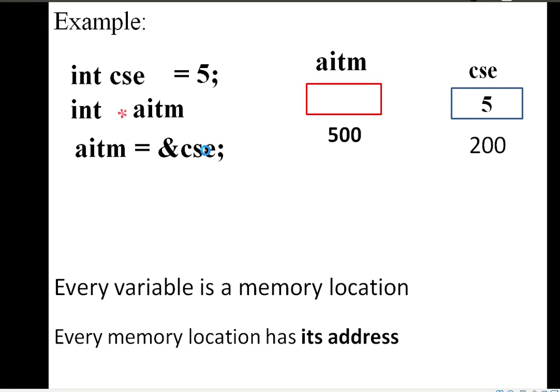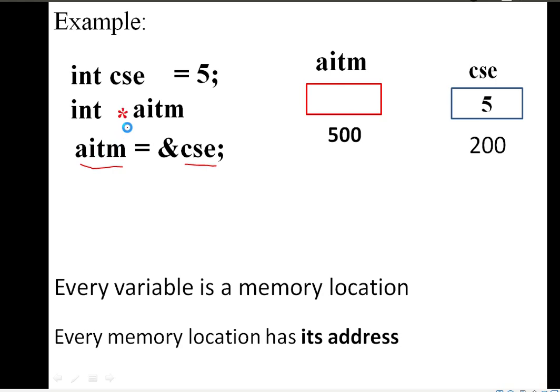Now the next statement I have written here: AITM is a pointer variable. How do you identify it is a pointer? Because we are using star, or asterisk, isn't it? So AITM is assigned the address of another variable, CSE. CSE is a variable, AITM is also a variable, but AITM is a special case.